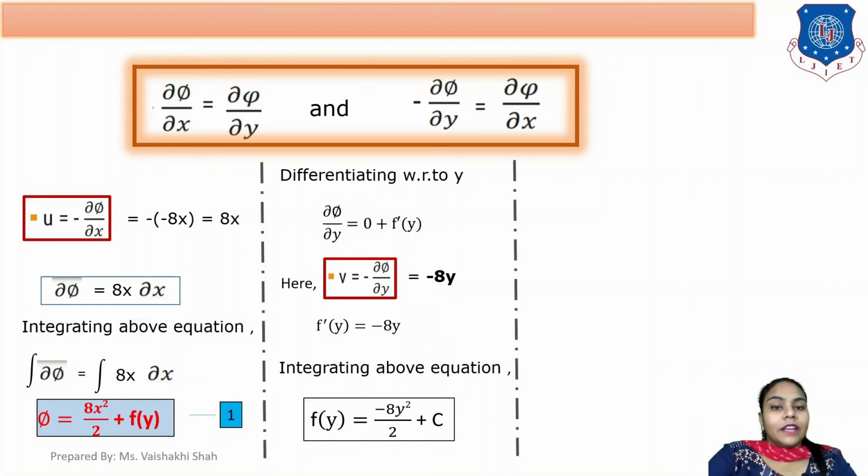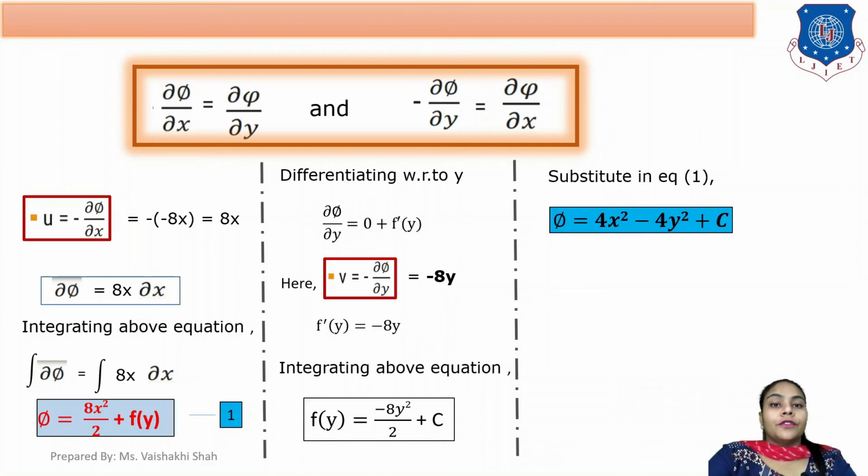Now, place the value of f of y in equation 1. So, your final answer for phi is 4x square minus 4y square plus c. So, by using the relationship between phi and psi, you get phi by use of psi. In the data, either phi or psi is given to you, and by using this relationship equation, you can find any other function.